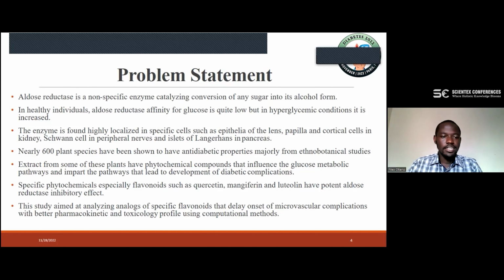So this study aimed at analyzing analogues of such flavonoids. Focus was on quercetin and luteolin to see if we can get compounds that we can develop into drugs that can be used to delay onset and progression of microvascular complications.